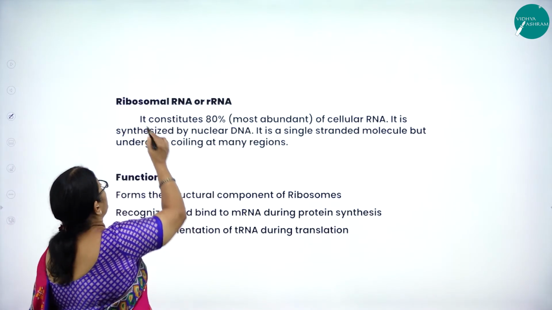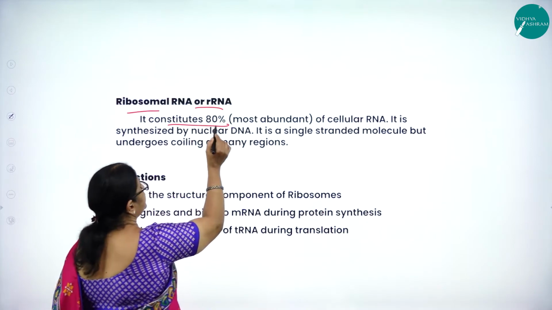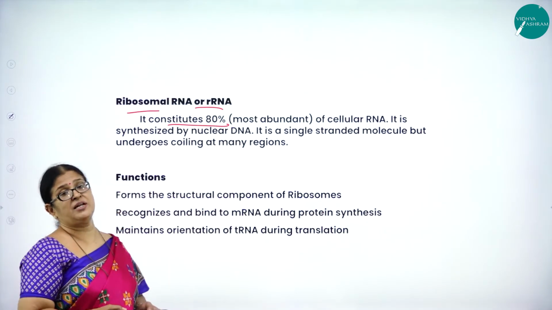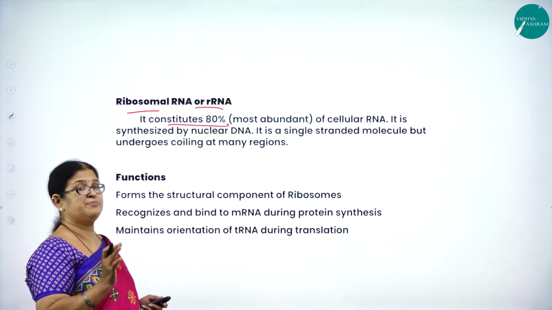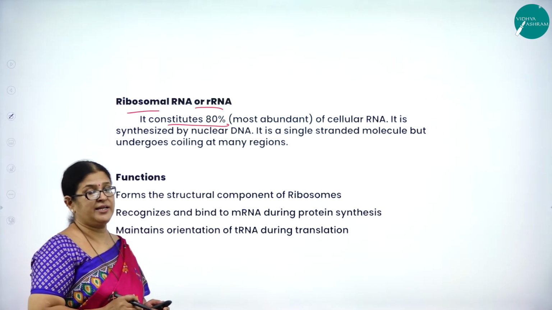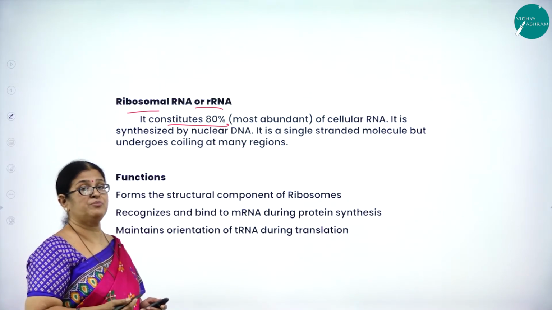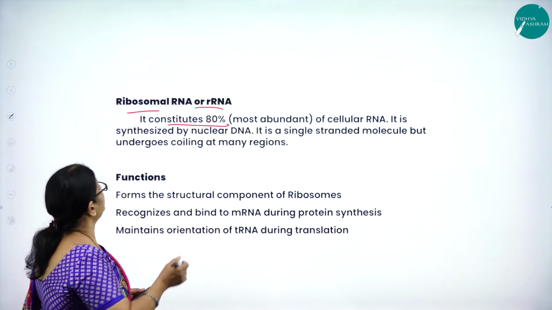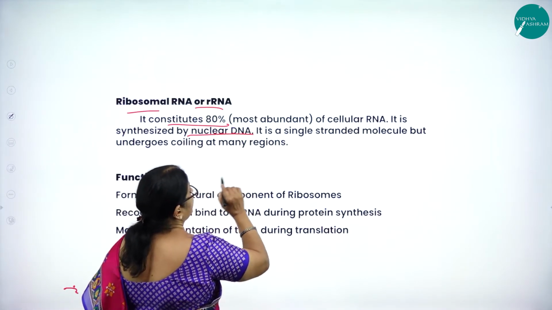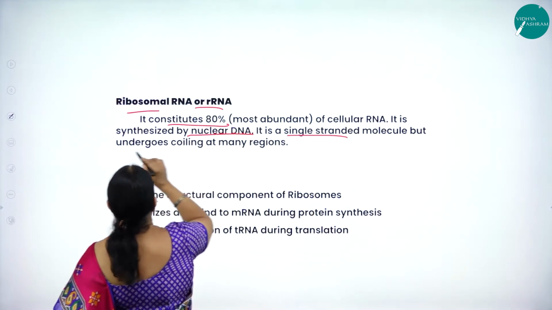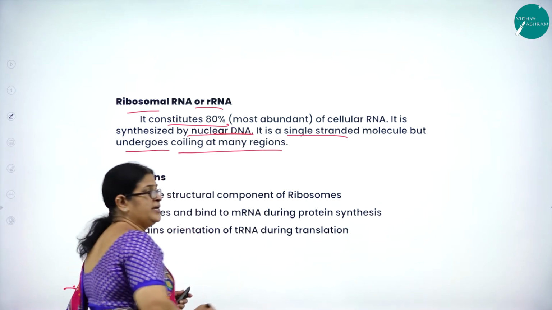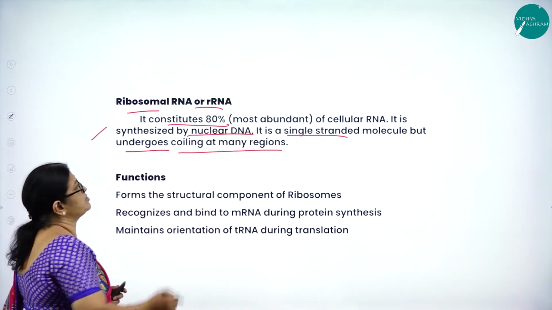So ribosomal RNA, or rRNA, constitutes 80% of total cellular RNA. The very word itself will tell you, ribosomal RNA. And it is synthesized by nuclear DNA. It is a single-stranded molecule but undergoes coiling at many regions. So what is the feature of ribosomal RNA?